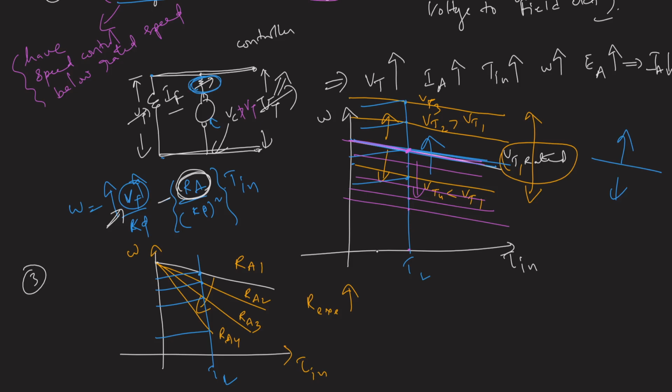But the main drawback in this method is that with the insertion of this external armature resistance, the armature current is flowing through this external resistance as well, and this armature current is very large in magnitude. So the I square losses, I square into armature resistance plus R external, will be very large.